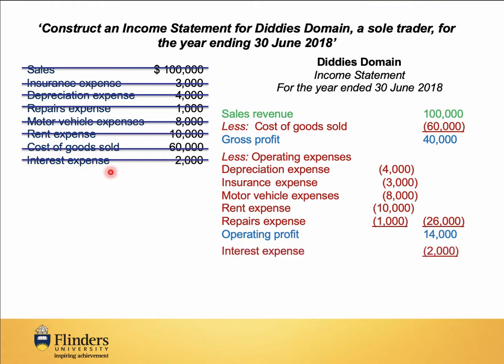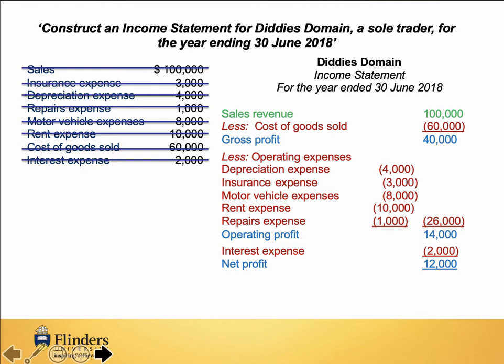So then we deduct interest expense, 2,000. That gives us the net profit of 12,000. So 14,000 minus 2,000, 12,000. That's the net profit or profit for the year. And just going back to these individual accounts that we have crossed off all of these, which means we haven't really missed anything. So that looks good.